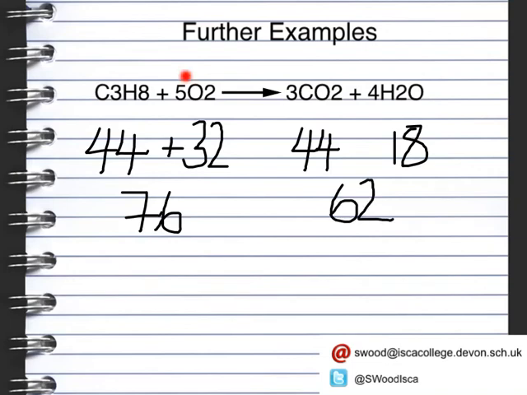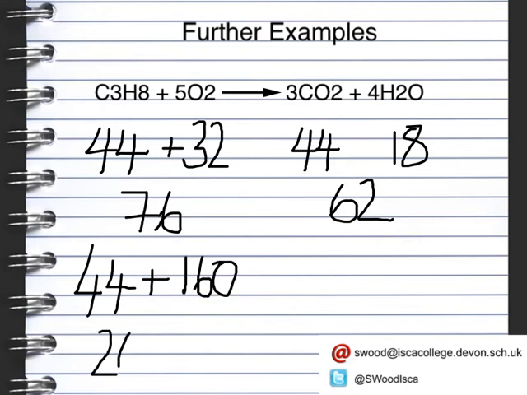But if you notice, we've got 5 lots of oxygen, so we need to multiply this number by 5. So we then come up with 44 plus 160, which is equal to 204.